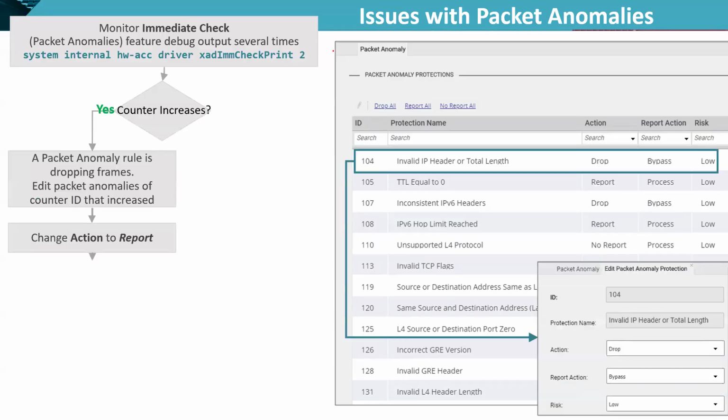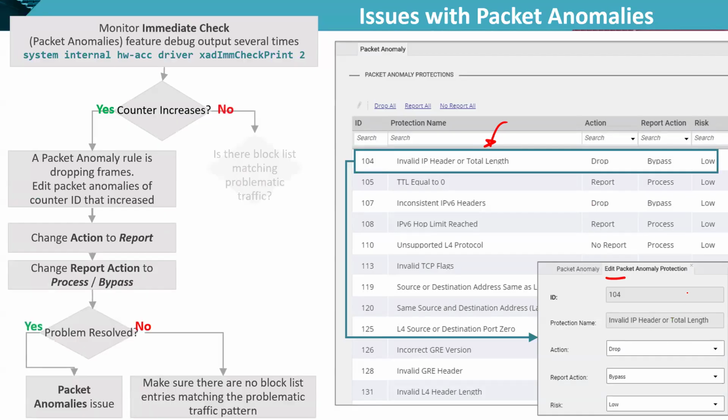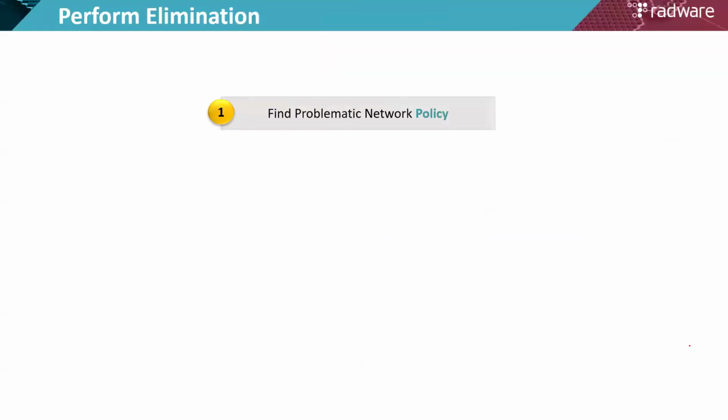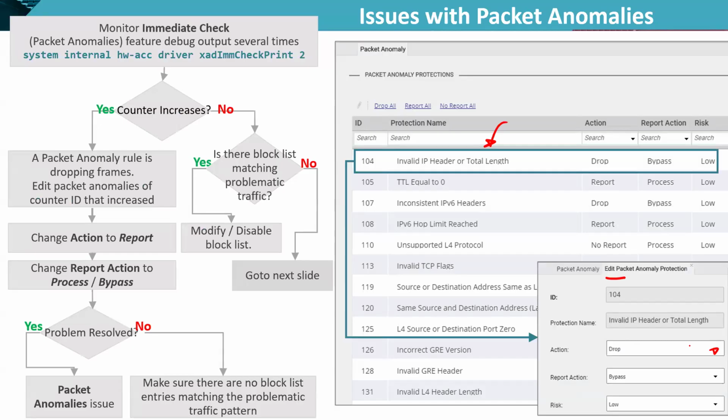In that case, you can simply select the packet anomaly, in this case, this one. Then simply change the action to something else. You can just bypass the action. So instead of drop, you can select bypass. In that case, the packet would not be dropped by the packet anomaly protection.